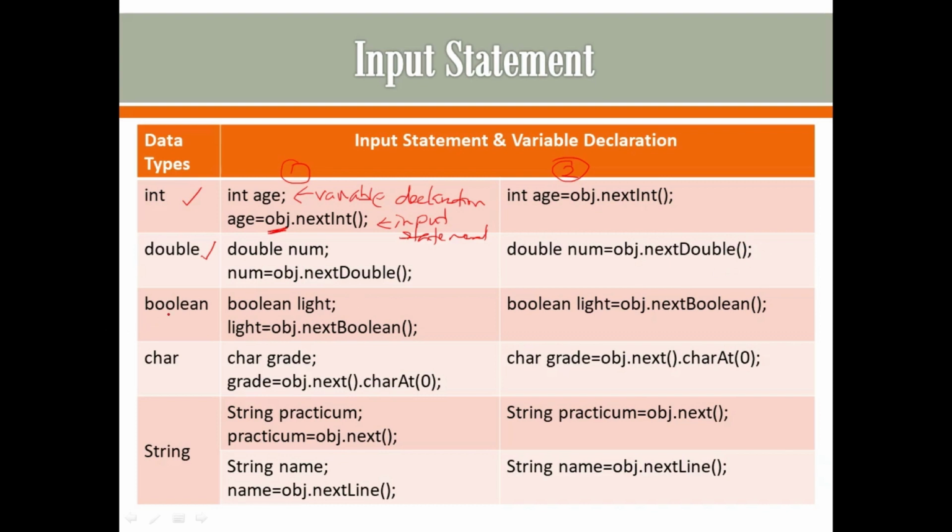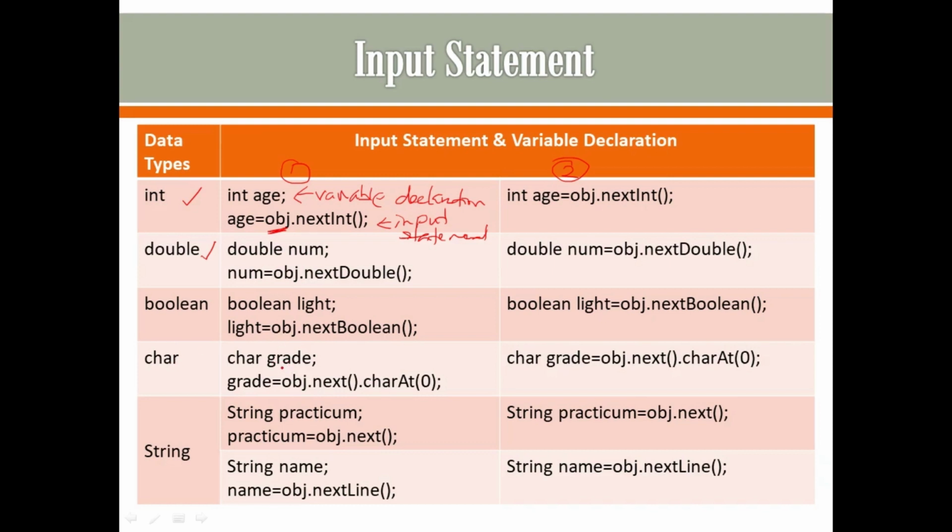For boolean, boolean like semicolon, like equal to obj dot nextBoolean. Same goes with the second way. Boolean is for true and false.